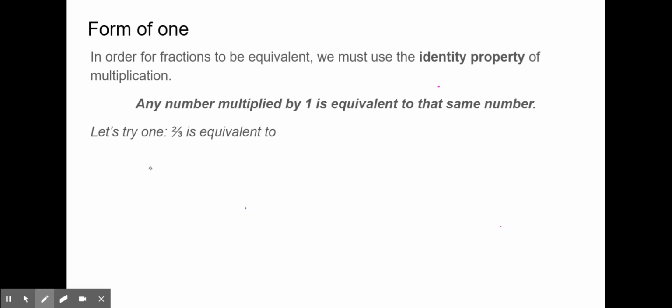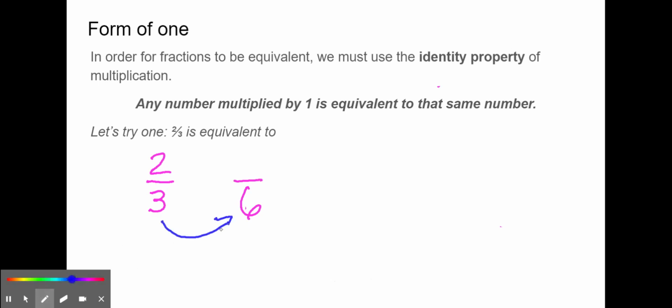So 2/3, you make that equivalent to another number. Let's say I want to make it equivalent to 6. What do I multiply 3 by to get to 6? I'm going to multiply 3 times 2.